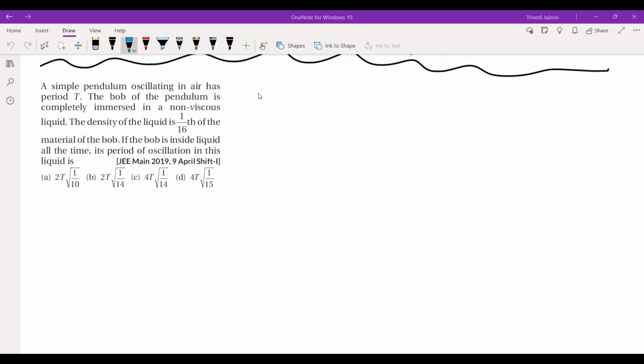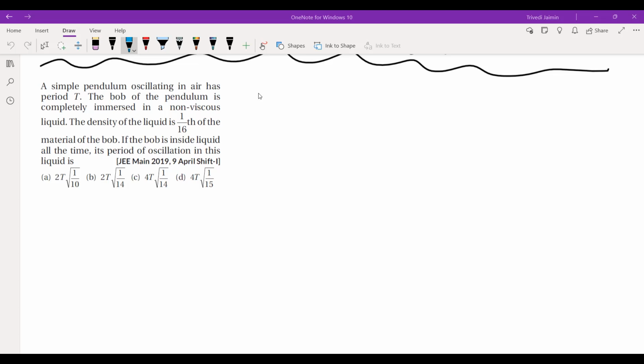The bob is dipped in the liquid, so it depends upon density also. We need to get a density relation here somehow, either with g or L.